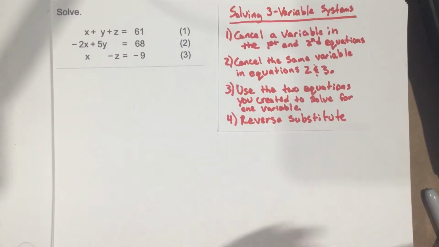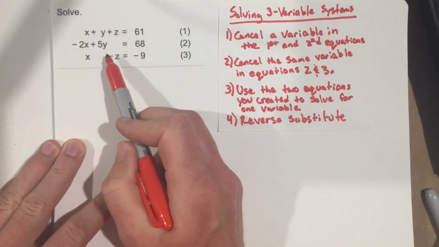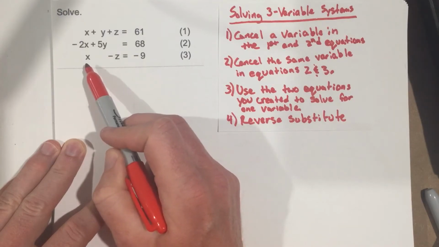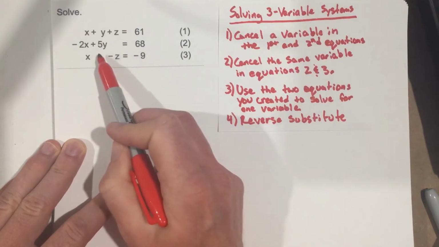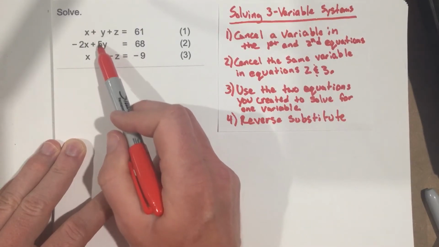Okay, start with equations 1 and 2. I want to cancel a variable. Because I see this bottom equation does not have any y's here, I'm going to cancel the y value.